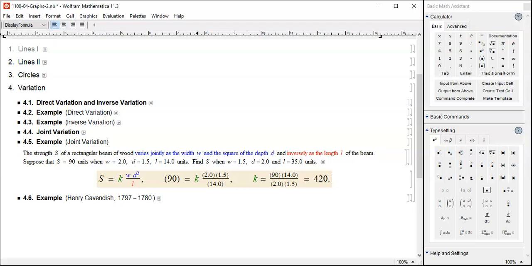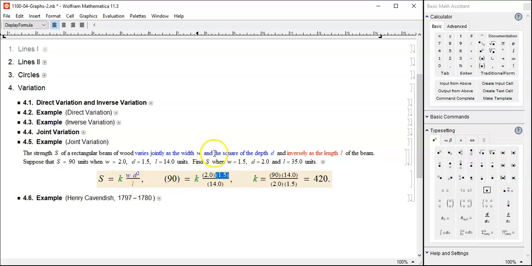Not really. I made a mistake here. What mistake did I just make? What did I do wrong? Right here, 1.5. That's where the mistake is.